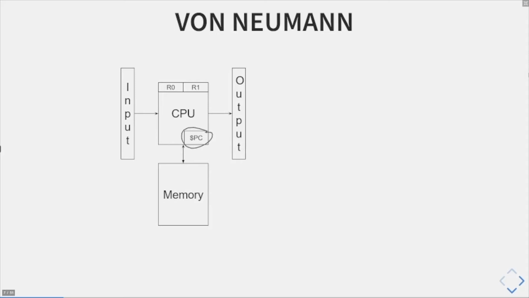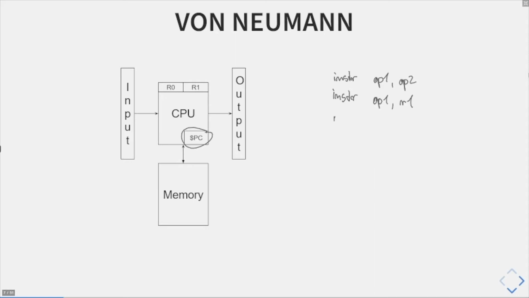So what your CPU does in this von Neumann model, and what you need to keep in mind, is that you execute an instruction A, some kind of instruction that has maybe one operand or two operands. Once this instruction is finished, you execute the next one, where one operand is a constant value and the other one is a register.